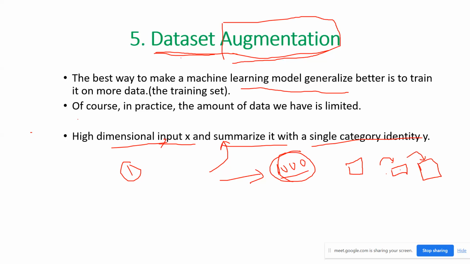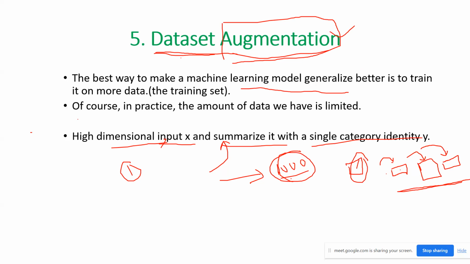This is one image, and I'm rotating it another 90 degrees, and I get another image. So with this one image, by using data augmentation, that means by changing the properties of the image, we are creating 3 fake images, 3 fake data elements, by changing the simple parameter, the degree.